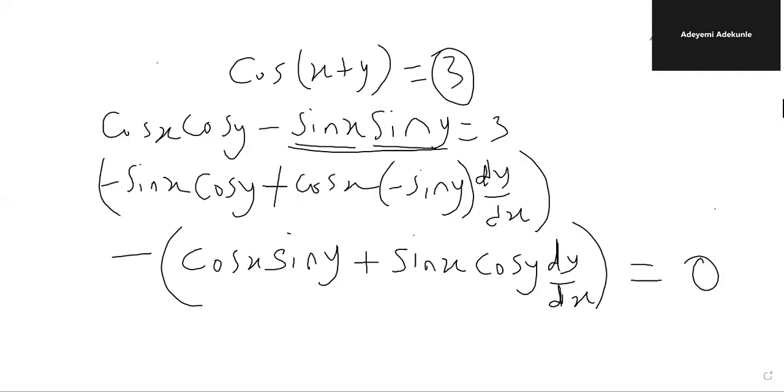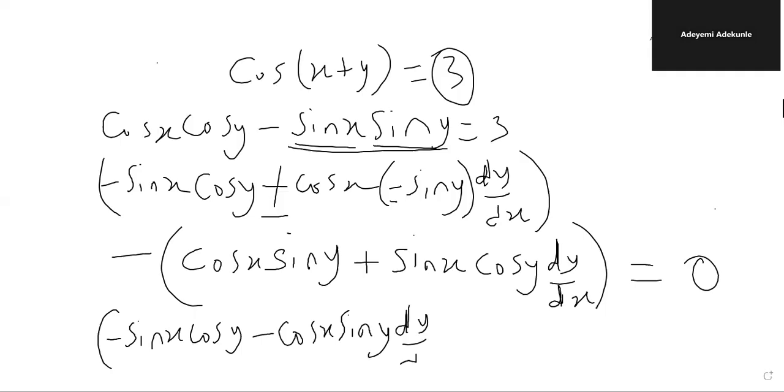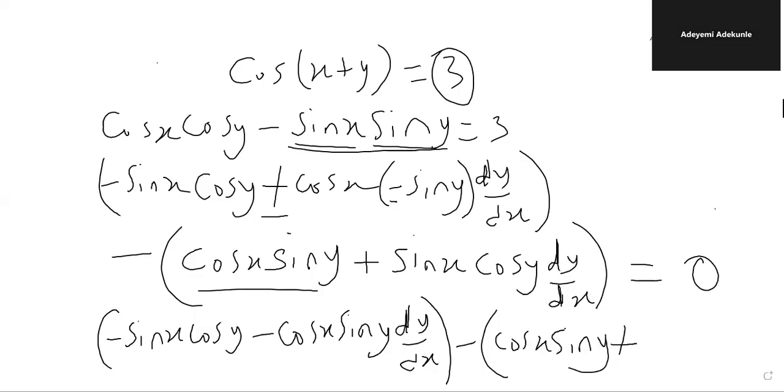Right? So this can be written as minus sine x cos y. Then this is minus, right? So plus times this minus will be minus. So minus cos x sine y dy/dx, minus, moving on to the next one, that will be minus cos x sine y, which is this, then plus this.